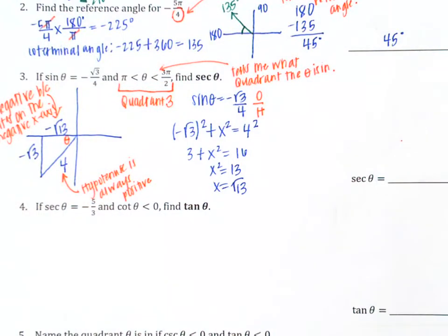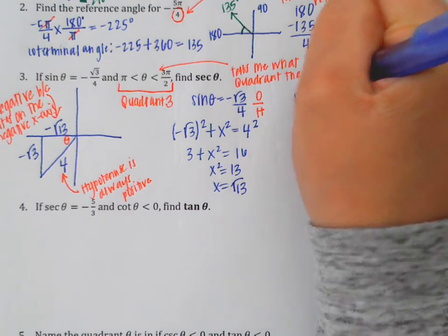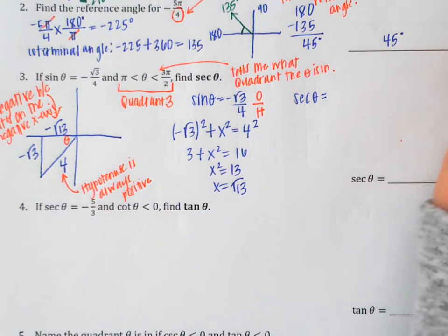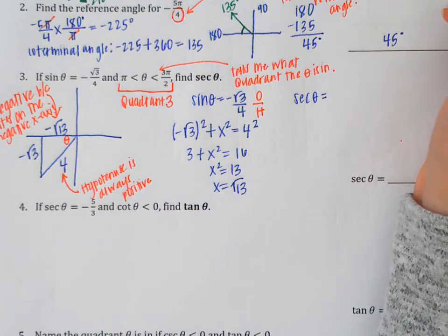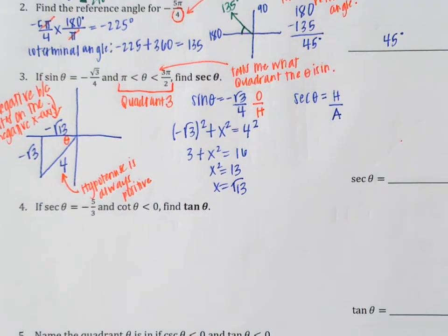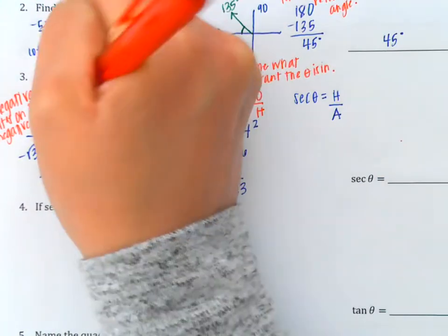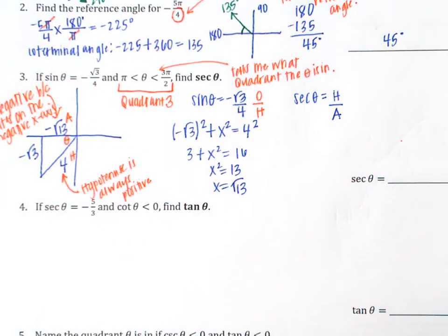Okay, and then this one is only asking us to find secant. I did that because I wanted to make it easier on Go Formative. And so secant theta is the reciprocal of cosine. And so the reciprocal of cosine is going to be the hypotenuse over the adjacent. So in our scenario here, the hypotenuse is 4, and the adjacent is that negative rad 13.